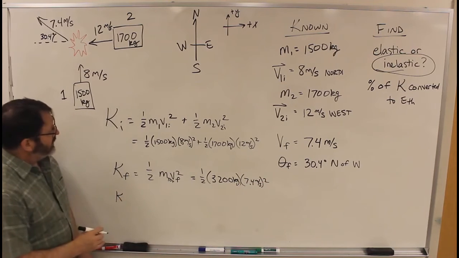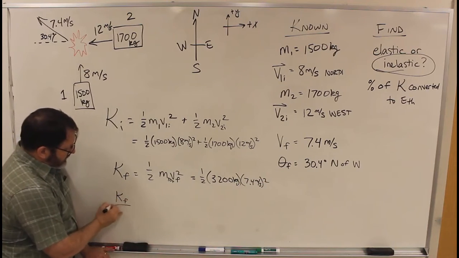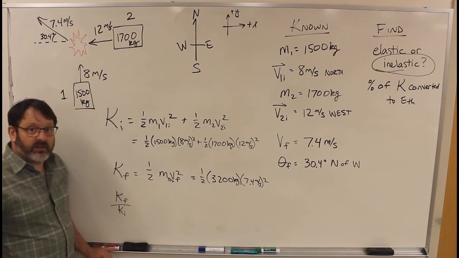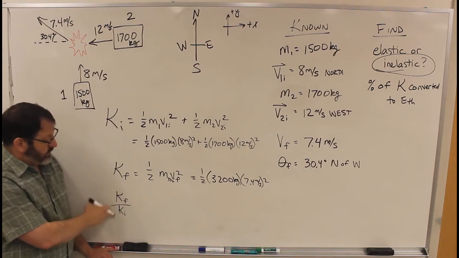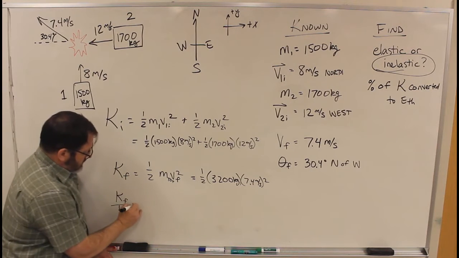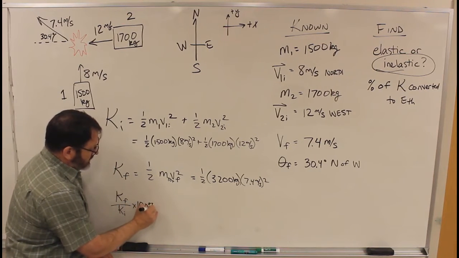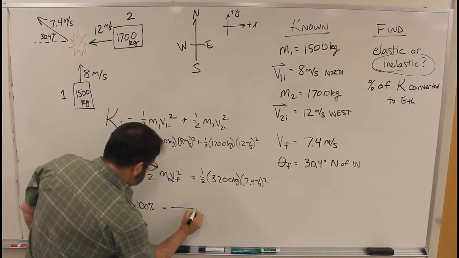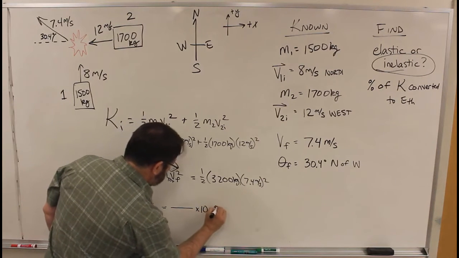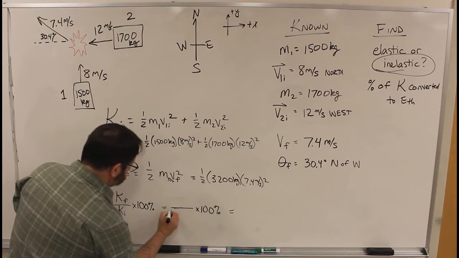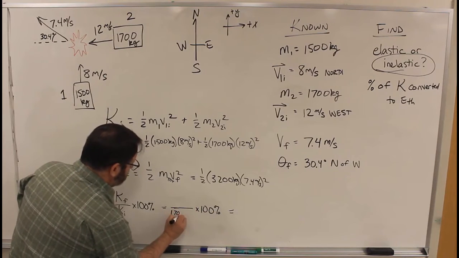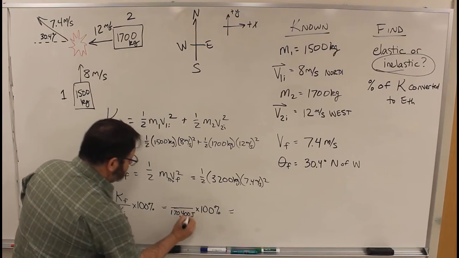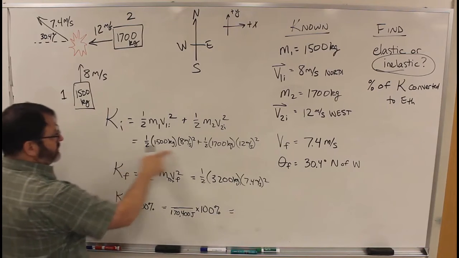So what we're looking for is K final over K initial. That will be the ratio of the two. And we're looking for it as a percentage, so we'll multiply it by 100%. 170,400 joules is K initial from this.